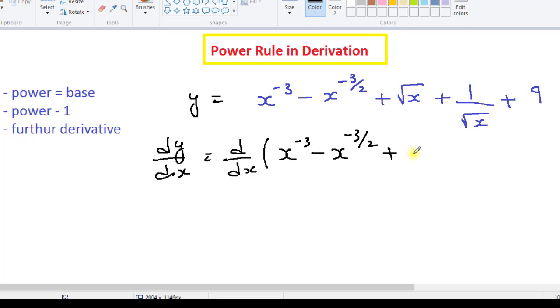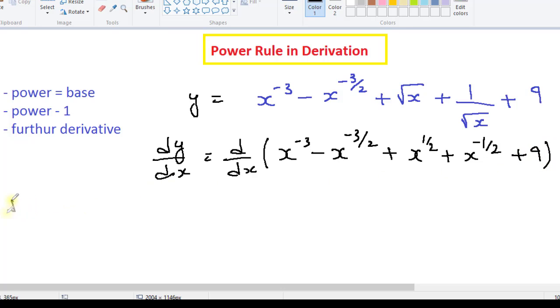to 1 by 2, so I can write here 1 by 2, and then I can also write 1 by under root x, which if I bring it to the numerator becomes minus 1 by 2, okay, and then plus 9.